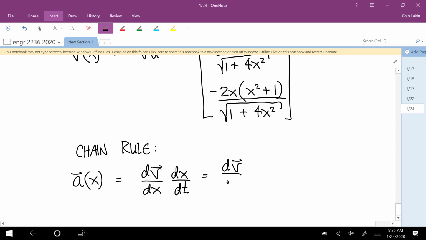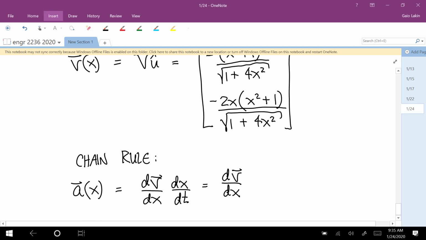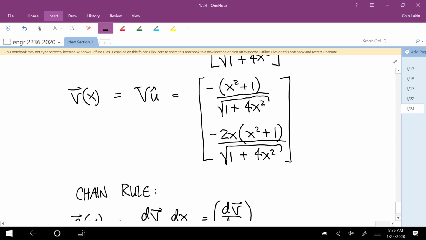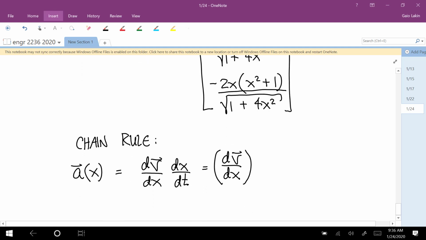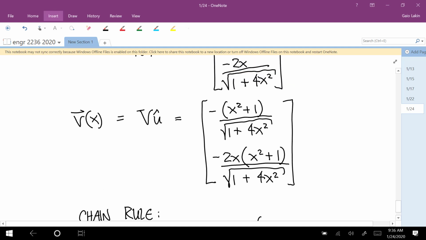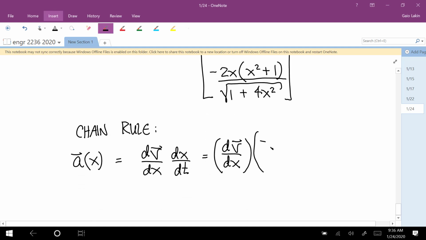So that's dv dx times the x component of the velocity. So that's this times this value here. So that's negative the square root of x squared plus 1 over that square root.